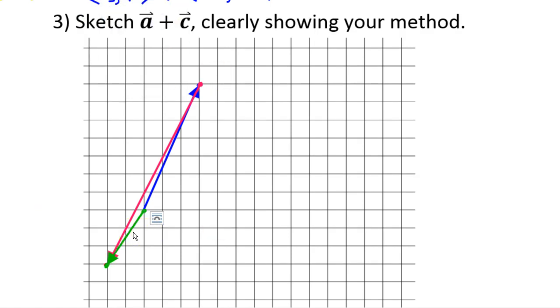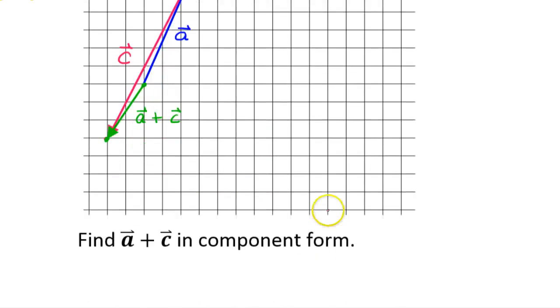Okay, so that green vector is my resultant vector. I'm just going to pause the video and label this. So this is what your sketch should look like for a problem like number 3.